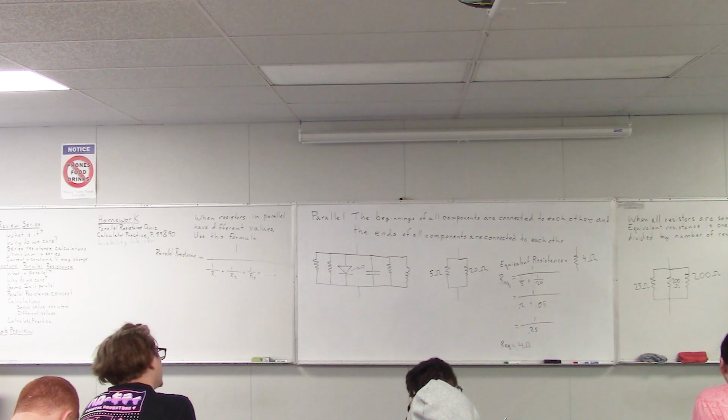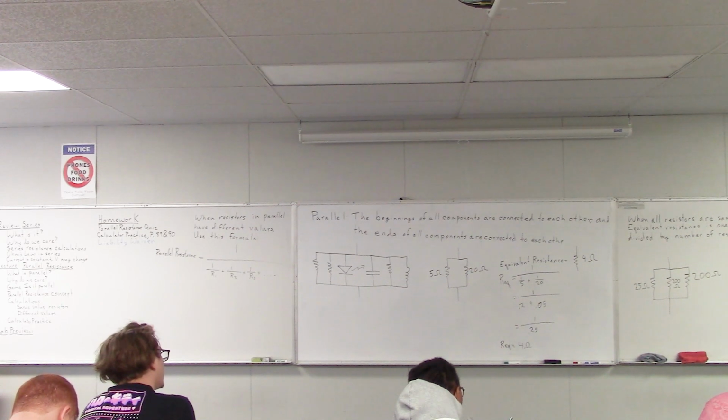So R EQ equals 1 divided by, so what's 1 divided by 25? 0.04. And then 1 divided by 200? 0.005. And then that again, 0.005. So our equivalent is 1 over, we add those all together, that comes out to be 0.05.